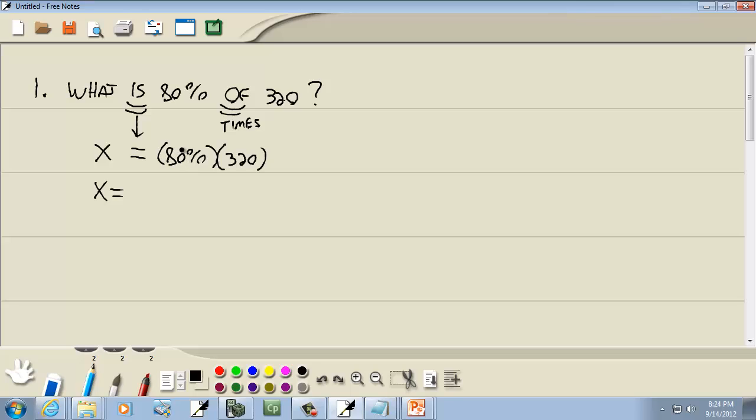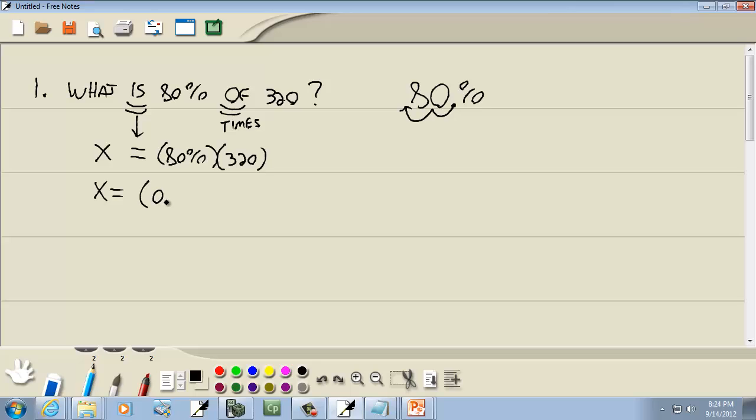Now, you never work with them in percent form. You immediately want to change it to decimal. Now, to change this to decimal, if I were to put a decimal place on the 80%, the decimal point would be right there. And to change it from percent to decimal, you move your decimal place 2 places to the left.